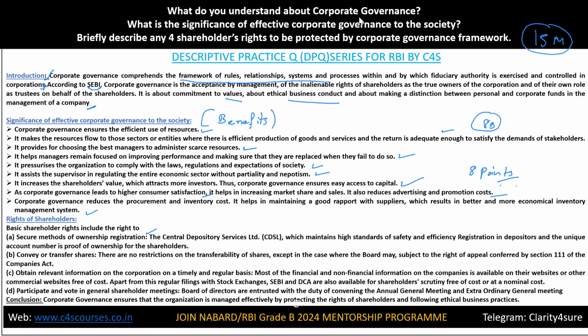Instead of giving a conclusion, you can add more points in shareholders' rights itself. You can give one more shareholders' right or something like that. Just for information, I have given the conclusion.